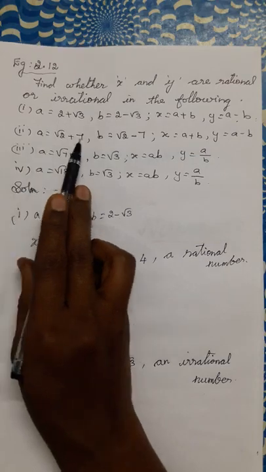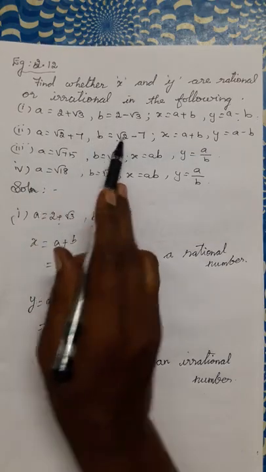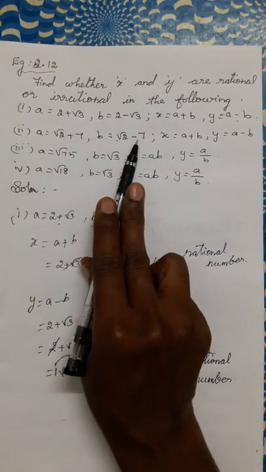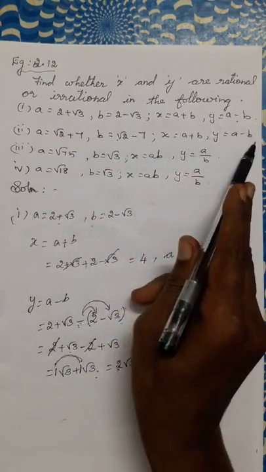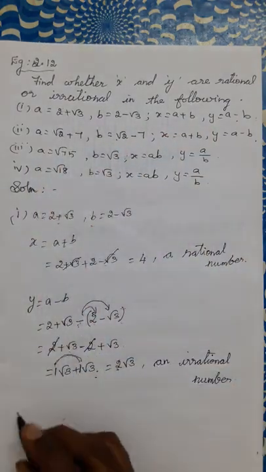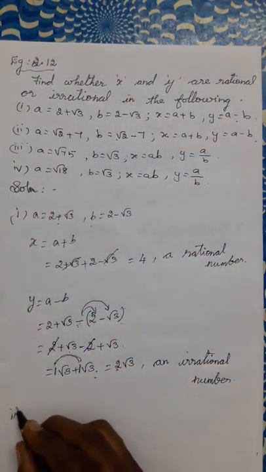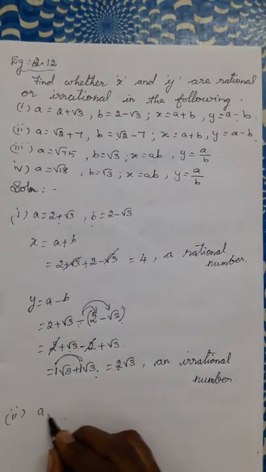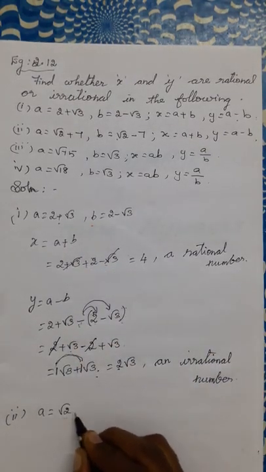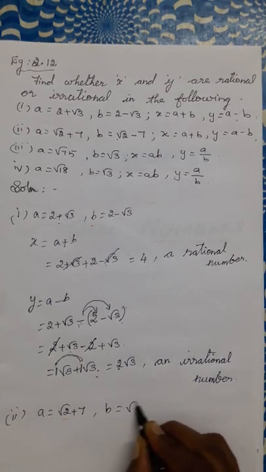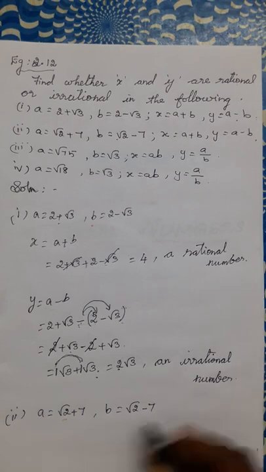Next we have to check the second question. In the second question also the a and b values are given. We have to find x and y and check whether it is rational or irrational. A is equal to root 2 plus 7. B is equal to root 2 minus 7.